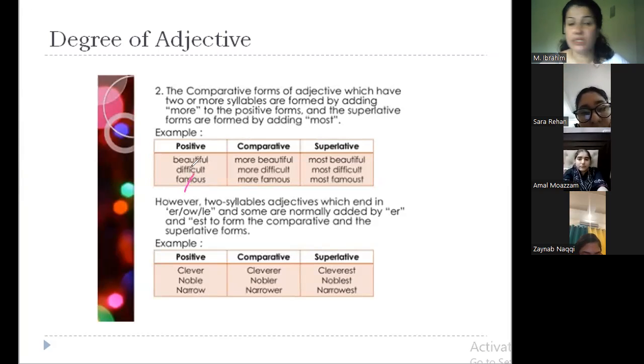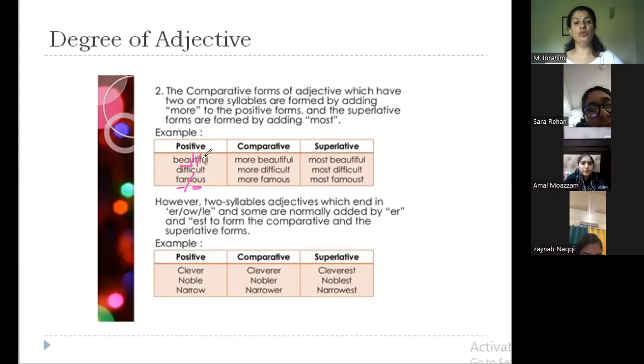Fame, us. Aim, up. These have 2 syllable sounds. On the other hand, beautiful: beau, ti, full.